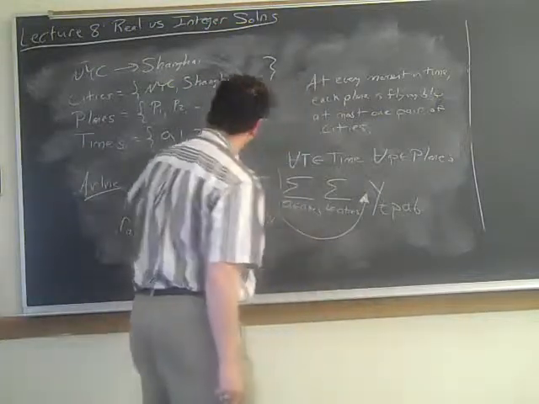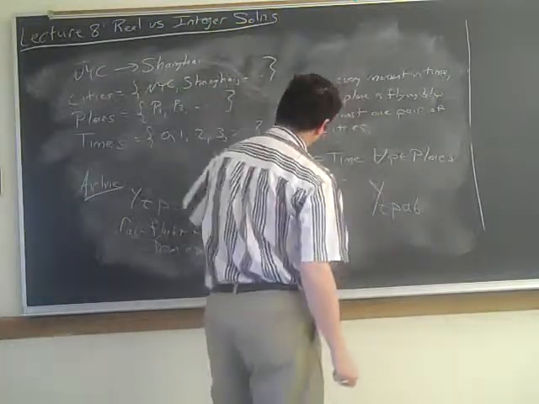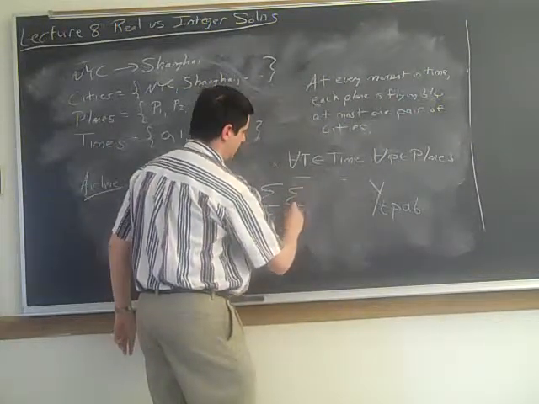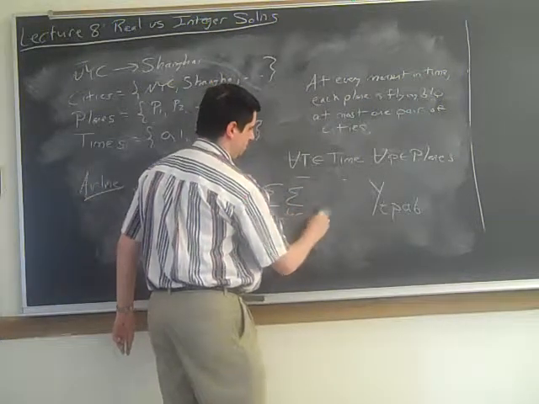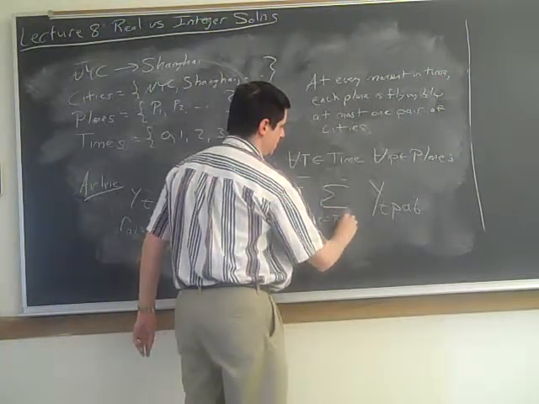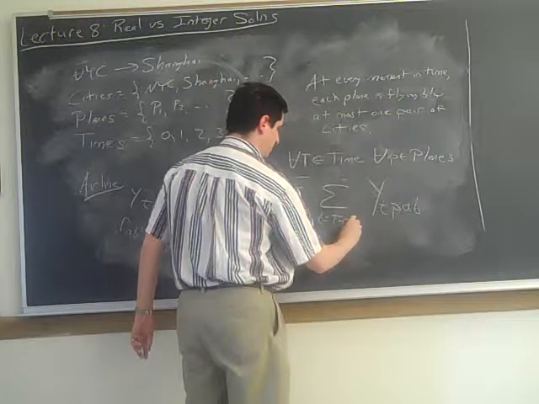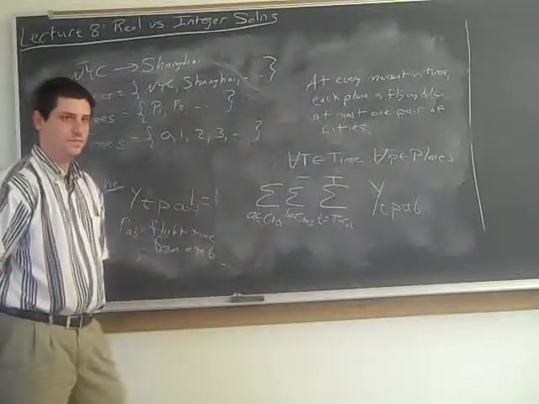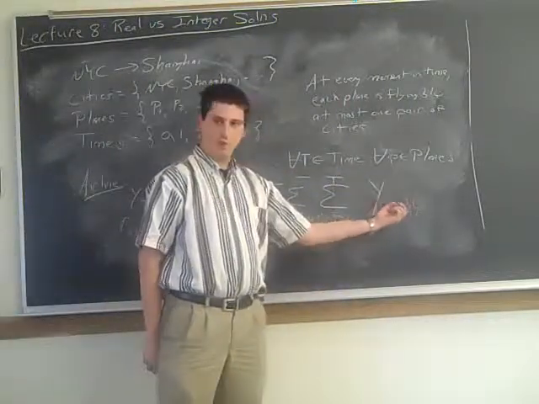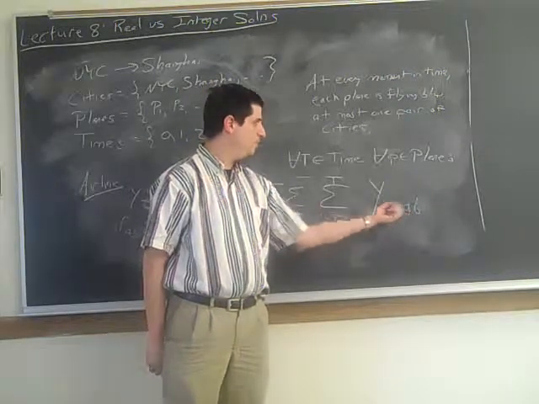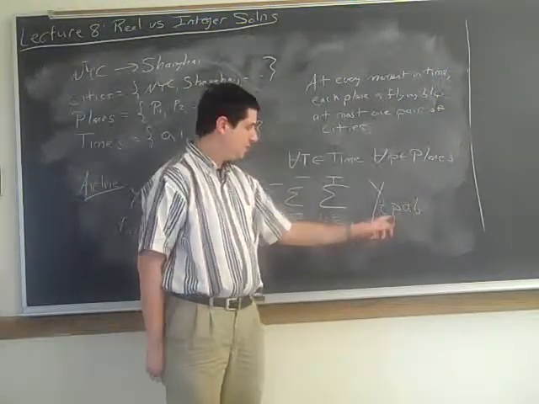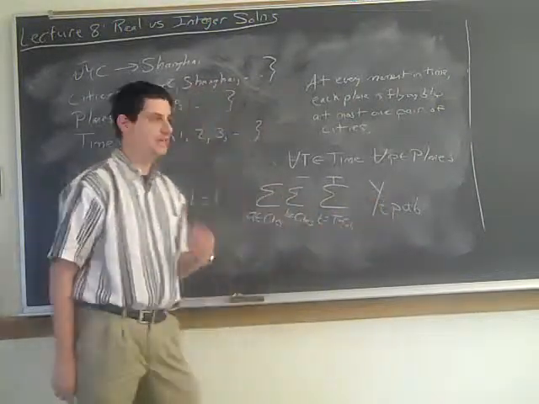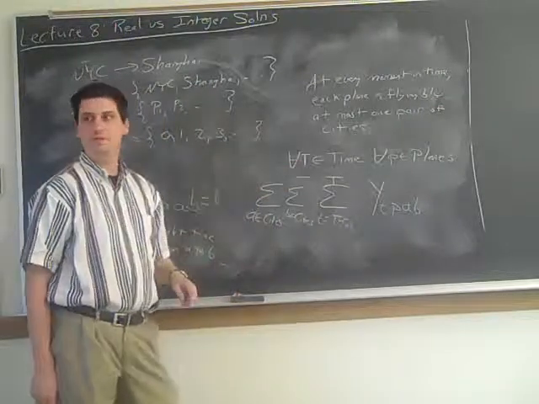So it should be the sum over A in cities, the sum over B in cities, and the sum over t going from T minus the flight time from A to B to our current time. So every time this is 1, it means a plane has taken off from A to B. Which plane? Our special plane, plane P. And it means then that plane P is in the air at time big T between A and B.